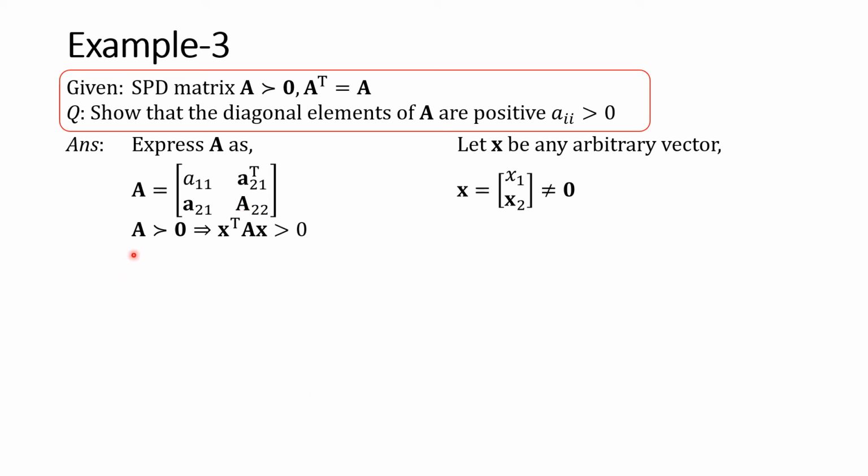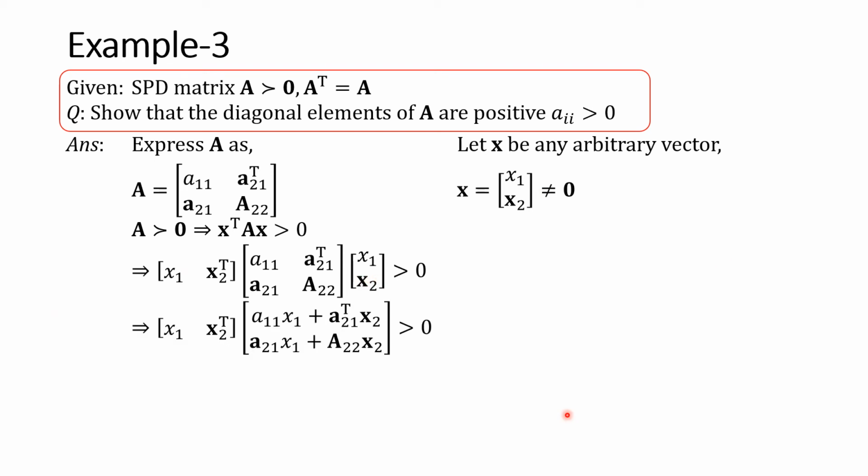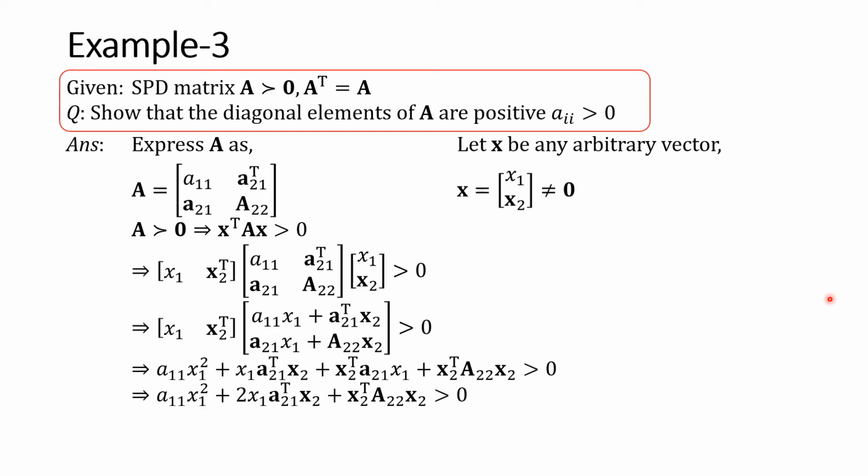Now, since A is positive definite, x transpose Ax is always greater than 0. Whence, this is greater than 0. I'm plugging in the value of A here in terms of this block matrix and likewise for x. Whence, I do the multiplication and I get this expression here is greater than 0.